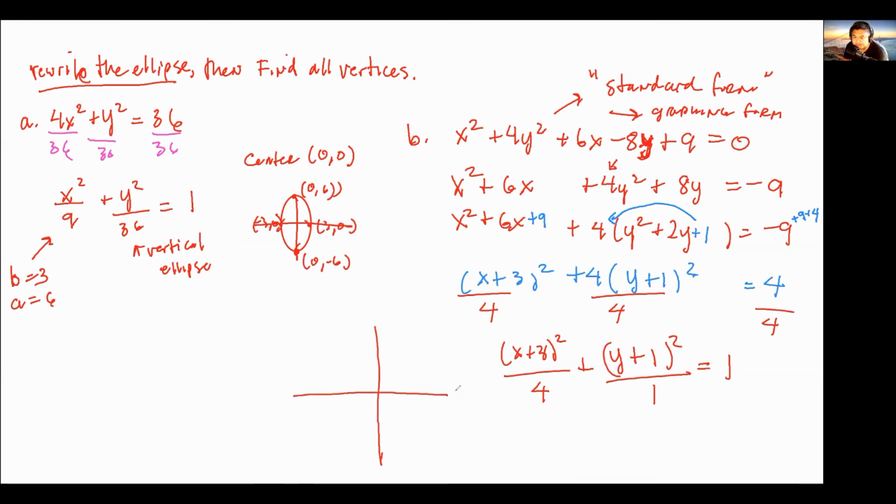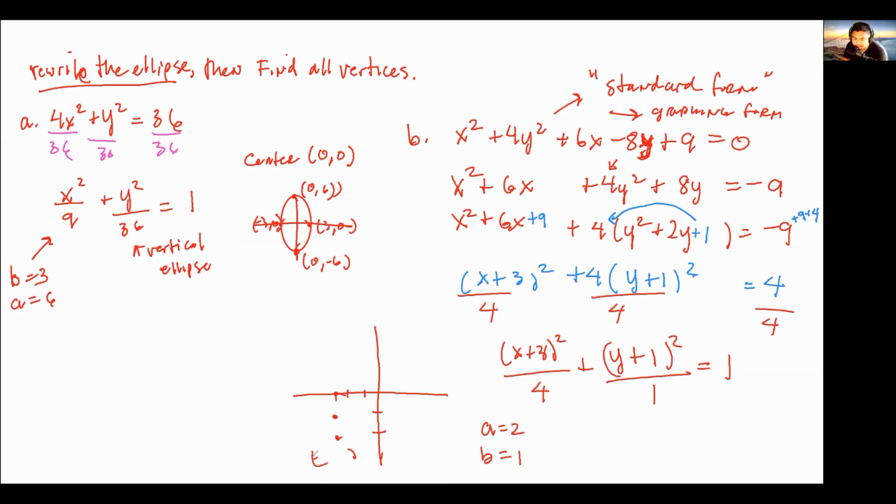This is an ellipse centered at -3 and -1. And I noticed that A is 2, B is 1. So it's going to go up 1 and down 1.